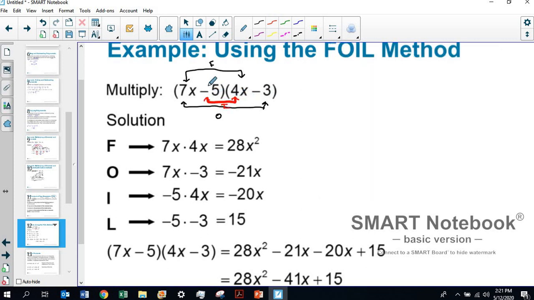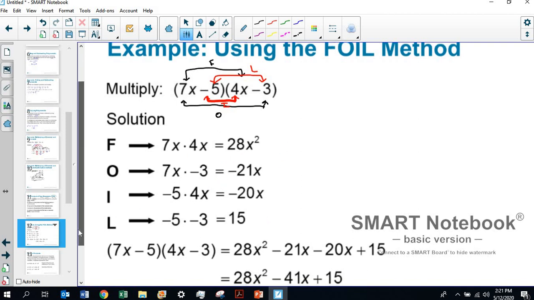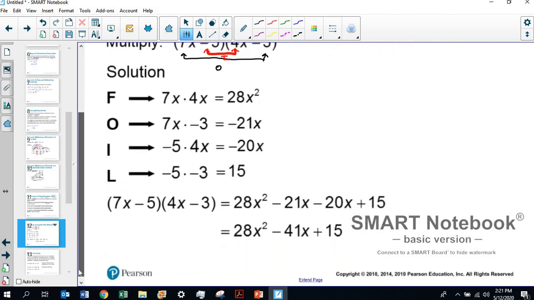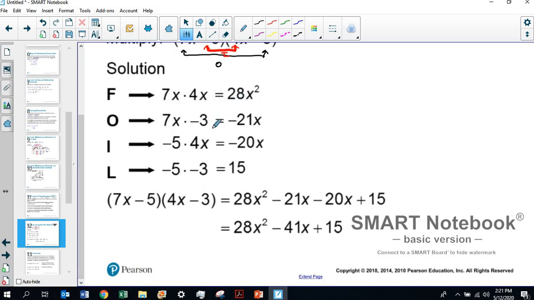And then you have the last two terms as well. And so this is often how we write it when we're drawing it out, but you can even break it down better like they did. And then when you take the first, outside, inside, last, the inside and the outside have the same x, right? So they're like terms, so you can combine them and get 28x squared minus 41x plus 15.